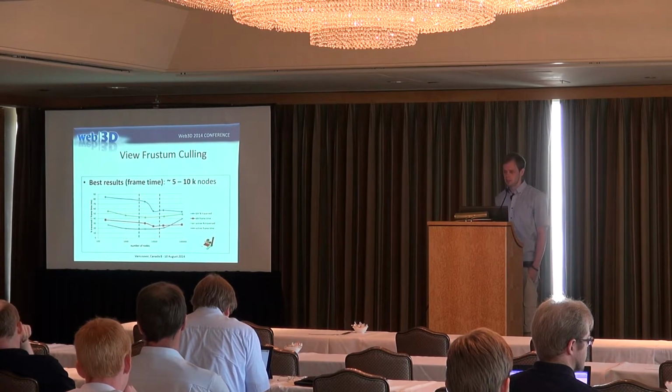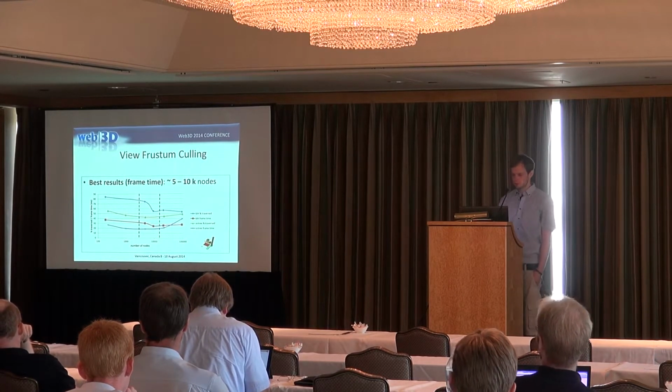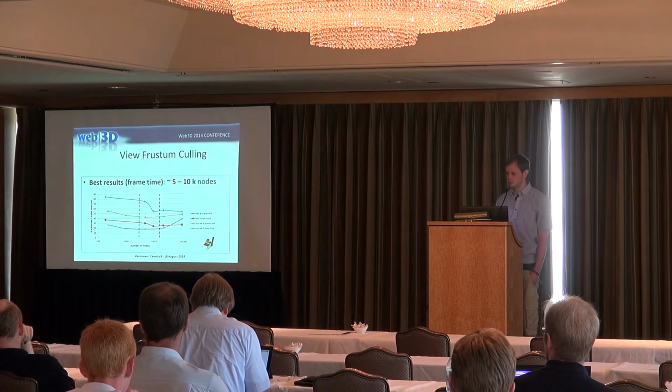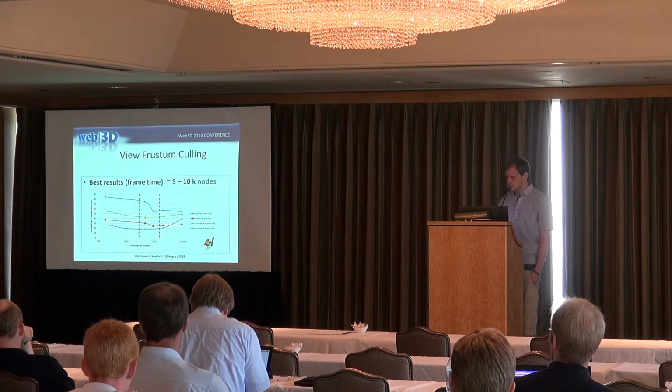The evaluation of the culling techniques during the walkthrough, we can see here for the view frustum culling, and in our experiments the best frame times and thus the resulting frames per second were always between 5 to 10,000 nodes.